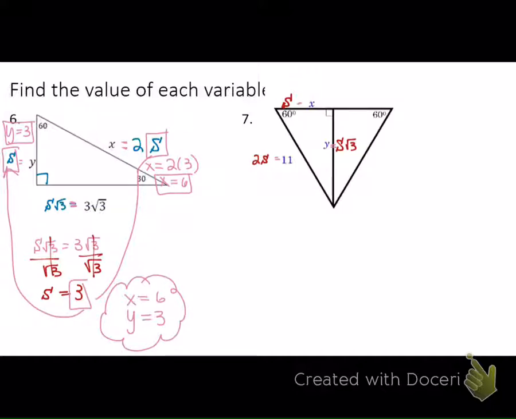Yes, it's the only one, sorry. This class gets really excited about knowing answers and they just shout things out. But it's the only one that doesn't have 2 unknowns. So we do 2S equals 11, and we're going to leave this as a fraction of 11 over 2. You all have a beautiful fraction button on your calculators that you should love. I know, but it won't matter. I'm telling you right now, it won't matter.